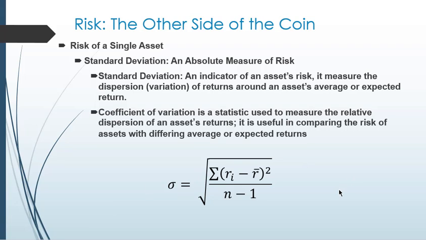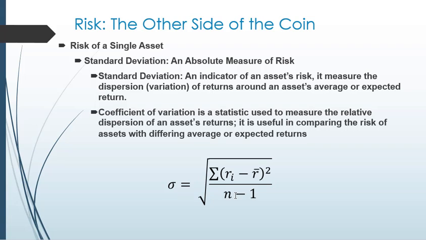But if you remember, our formula was the chance that there is a difference between the average rate of return, R bar here is the average rate of return, and the actual return that we're going to receive.